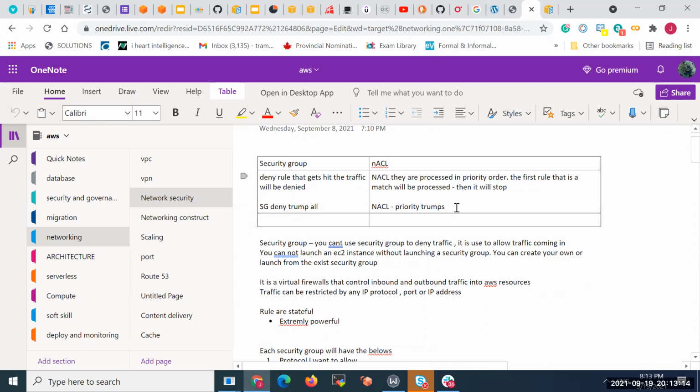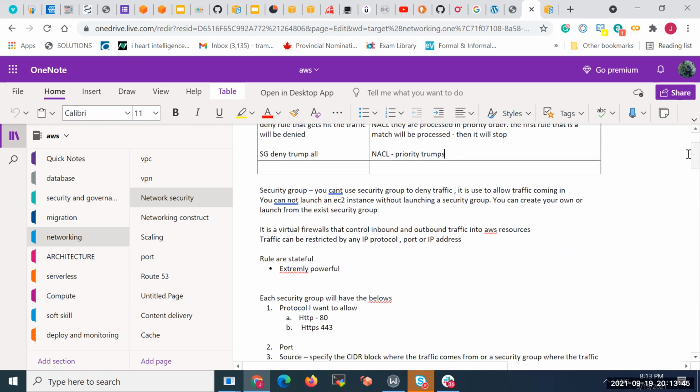So the first rule, in the list of records, if you have a deny for an address, for example 10.10.10.10, once they see that rule, they will automatically block that. They're not going to scan through the whole table to see which one you deny and which one you allow. The first rule that they match, then they will stop.